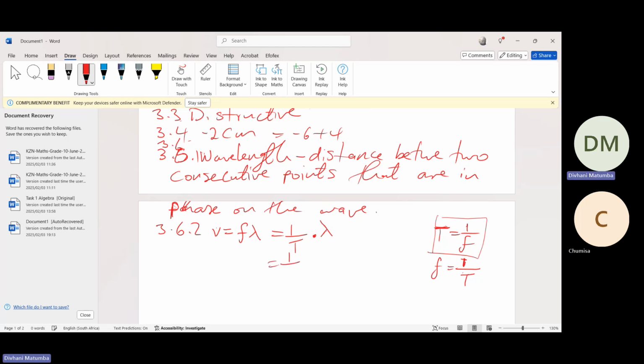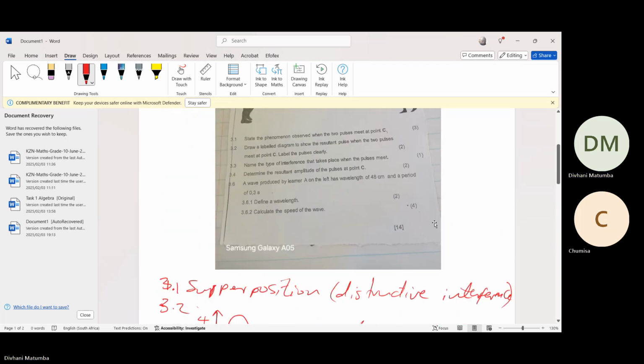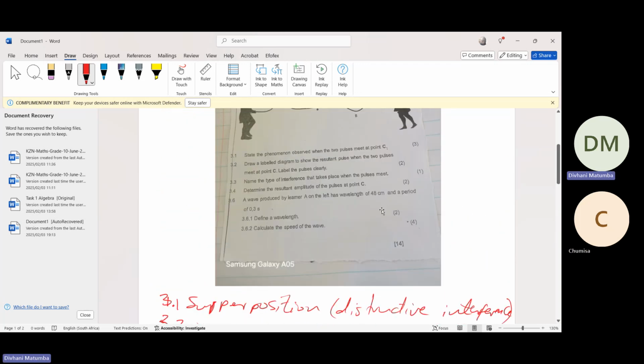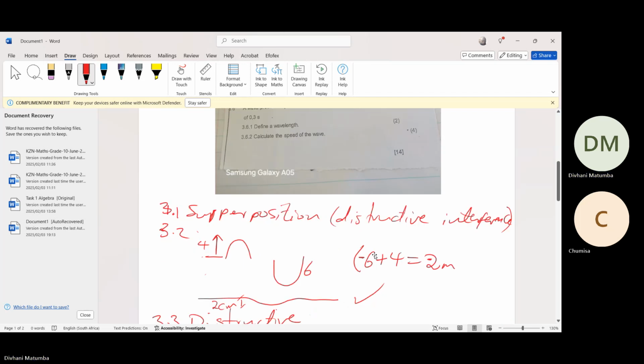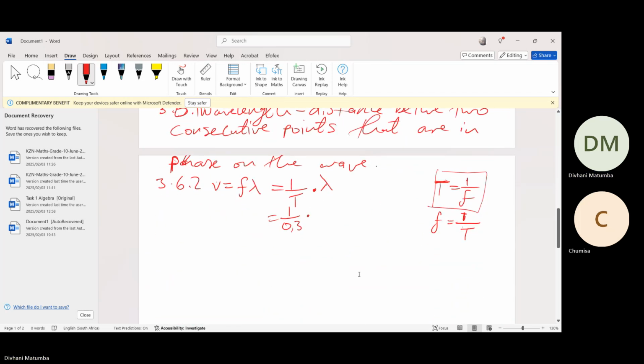1 over the period, 0.3, times lambda, which is 48 centimeters. So what do I put? What is the unit of lambda to start with? Because that's where we must start from.